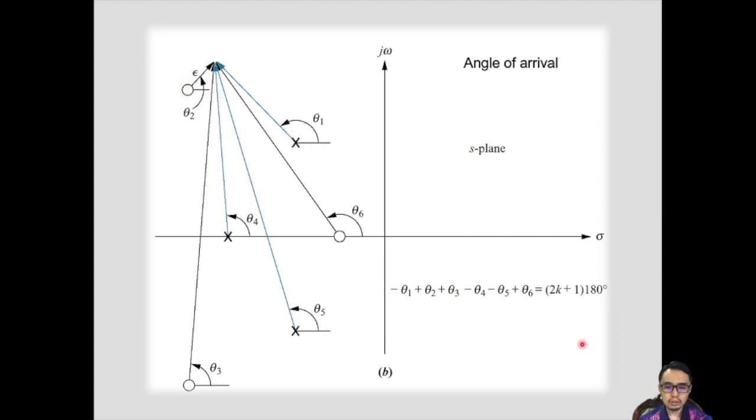Again, you use the same equation. You draw the vectors from all the poles and zeros, you label the angles, so the angle of zeros minus the angle of poles should be a multiple of 180 degrees. You need to calculate all the other angles, but here you leave one angle, for example theta 2, as the unknown, find the rest, and subtract from 180 degrees.